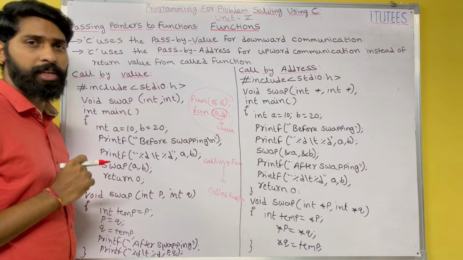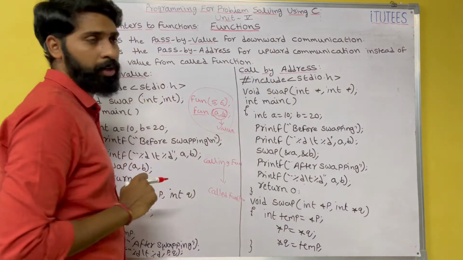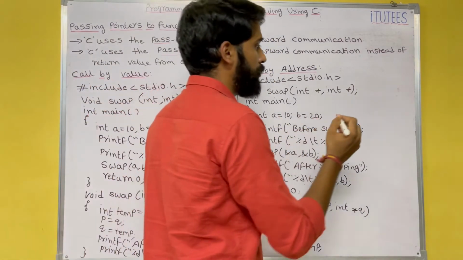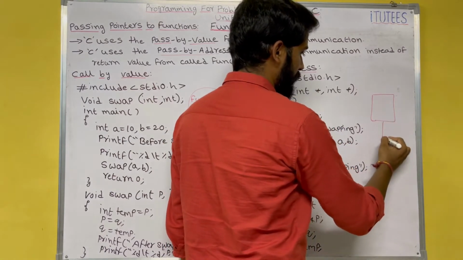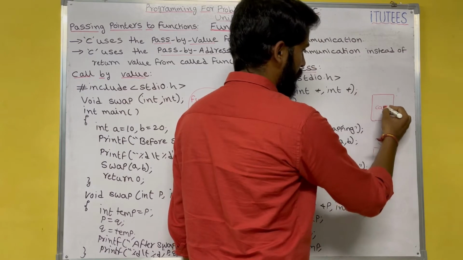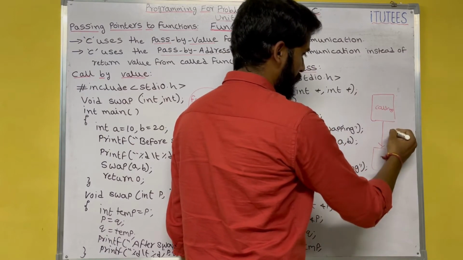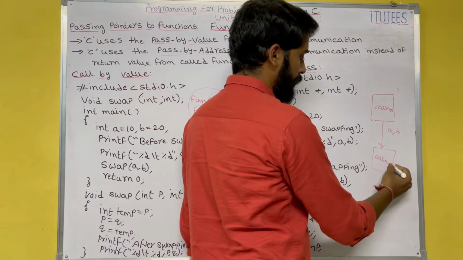Already in our previous classes we discussed downward communication and upward communication. Downward communication is nothing but the calling function sending data to the called function. For example, this is the calling function, and it sends data a comma b to the called function.